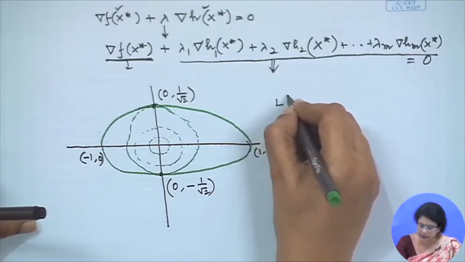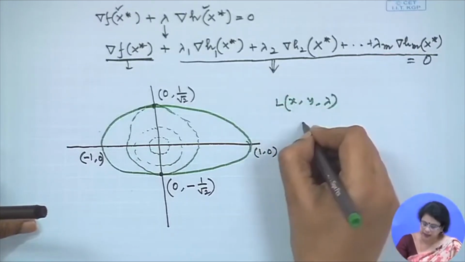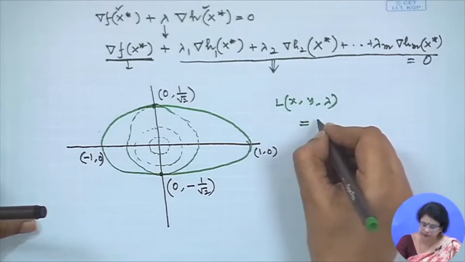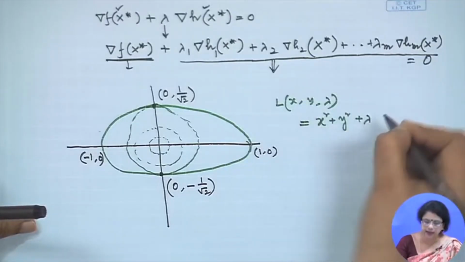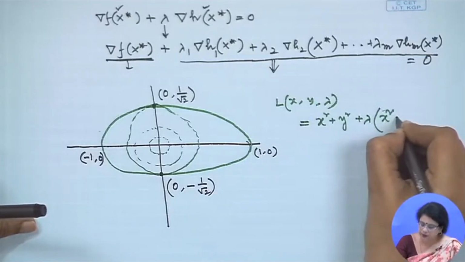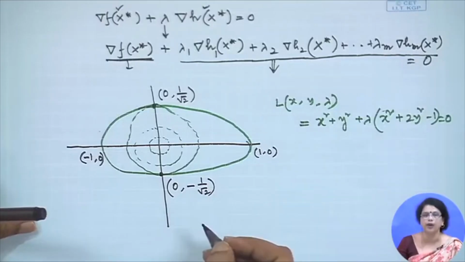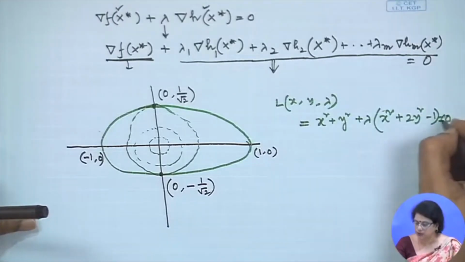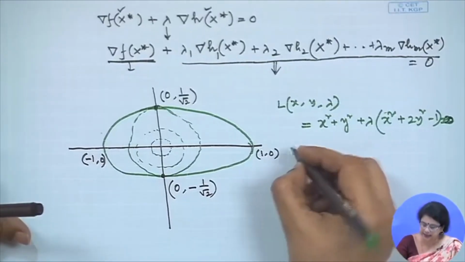That is why let us introduce the Lagrange function L of x, y, lambda, which is equal to x square plus y square plus lambda into x square plus 2y square minus 1. Now, what is the first order necessary condition?